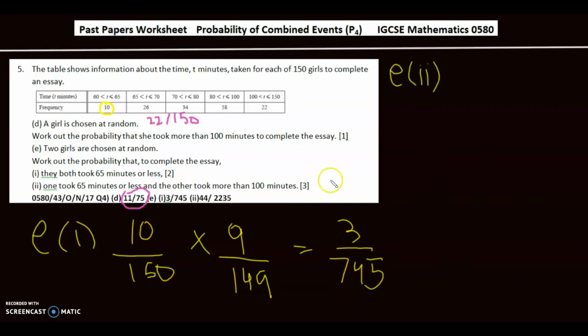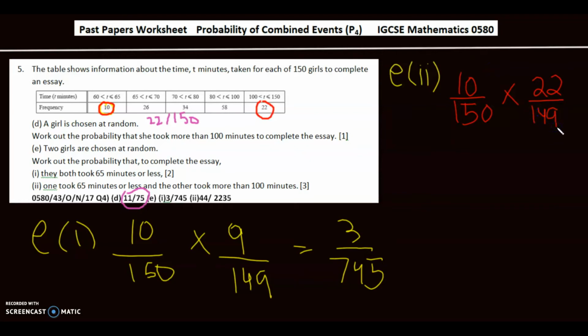Part 2. One took 65 minutes or less and the other took more than 100 minutes. So again 10 girls take 65 minutes or less, so the probability of this will be 10 upon 150 times 22 girls take 100 minutes and more, so 22 upon... 1 girl has already been selected from this, so now the denominator will become 149.